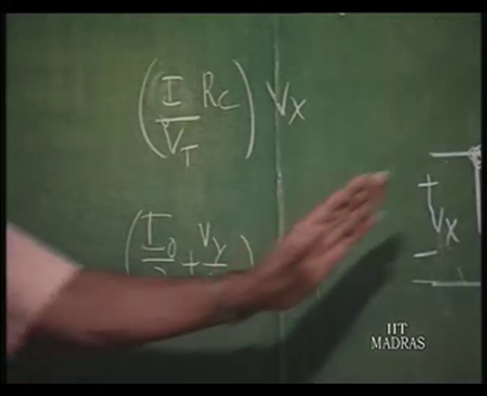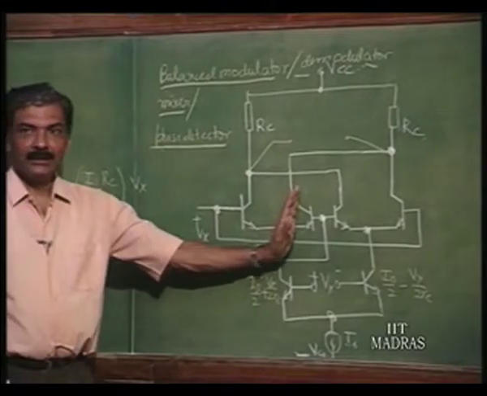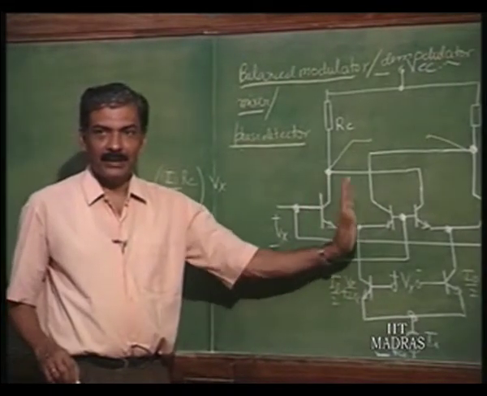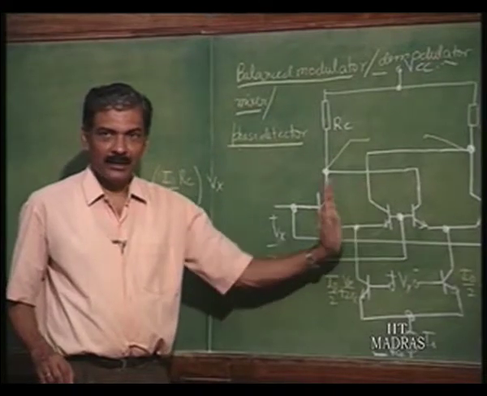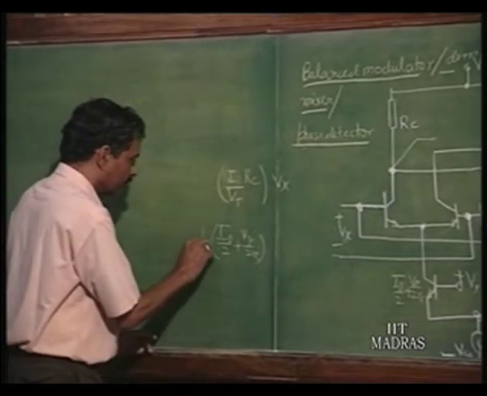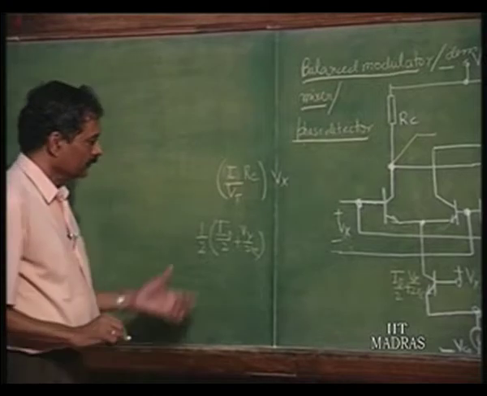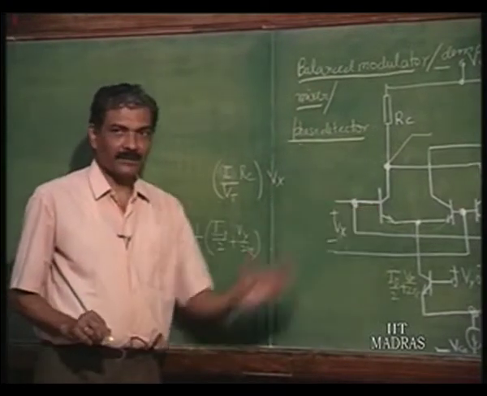This is the current going here. Half of this will be the current going in this as well as this, so that is the current in each one of these.